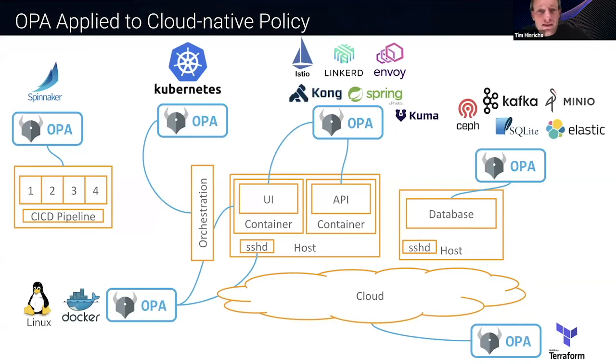We can take a step back even further. We've already talked about this. This is the picture we always like to show folks the first time they see OPA, and that is that OPA can be used across the stack. So not just within the application, as we described, but that application is often running on, let's say, Kubernetes. Using OPA for Kubernetes authorization is a very popular use case. Maybe that Kubernetes cluster is running on a public cloud.